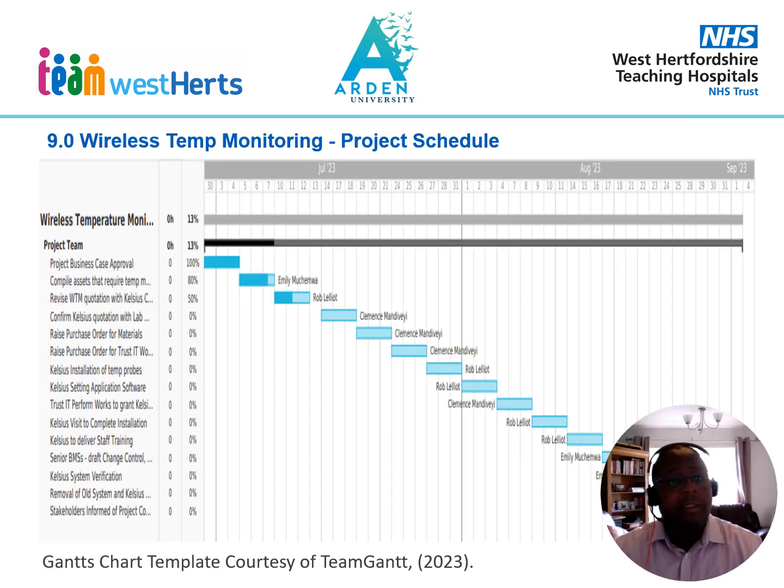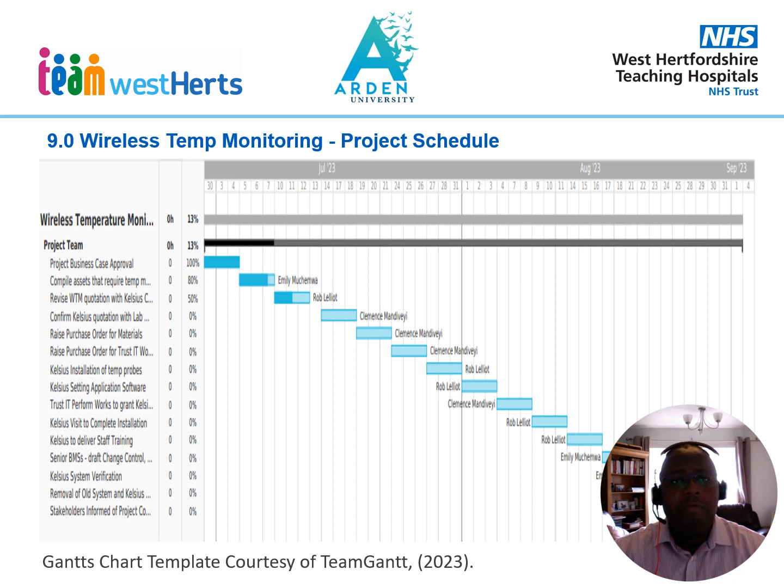I also used a Gantt chart to draw the project task schedule, and there was just one limitation in that I couldn't put as many names in the Gantt chart, but it shows the various stages that this project will be involved in. It's generally linear. However, there could be bottlenecks.